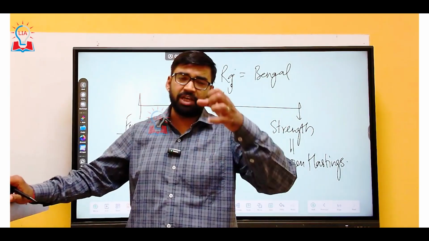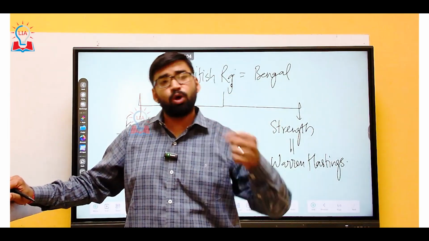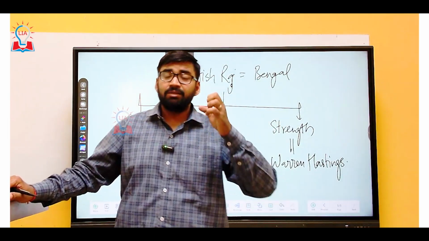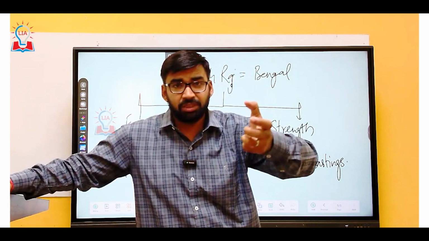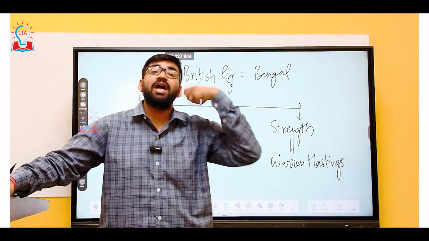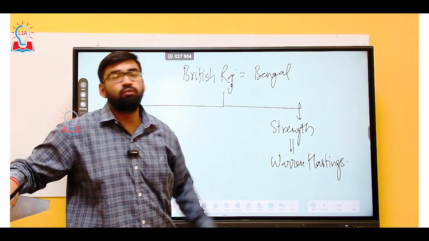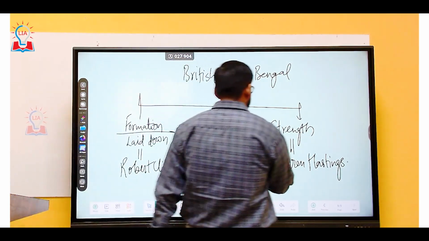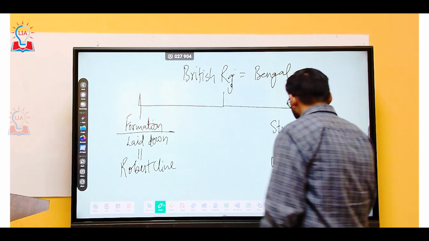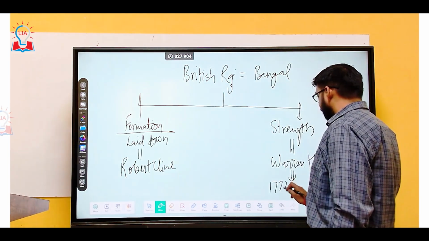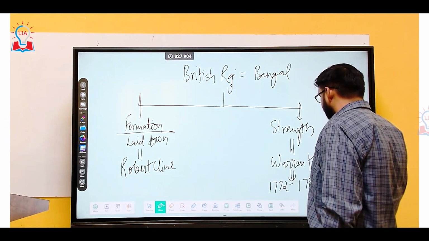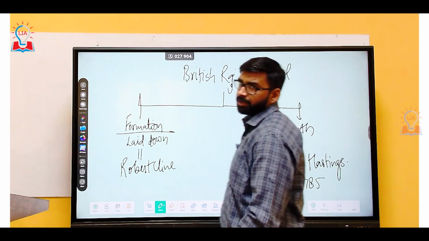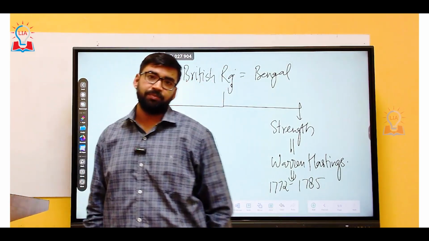So the foundation was laid by Robert Clive, and the strength to that foundation was given by Warren Hastings. Clear? So the time period of Warren Hastings is 1772 till 1785. This is the time period of Warren Hastings.